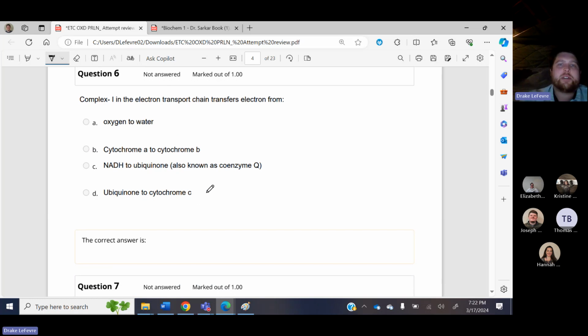Complex 1 of the electron transport chain transfers electrons from these. This should be bread and butter as far as questions. C, NADH to ubiquinone.